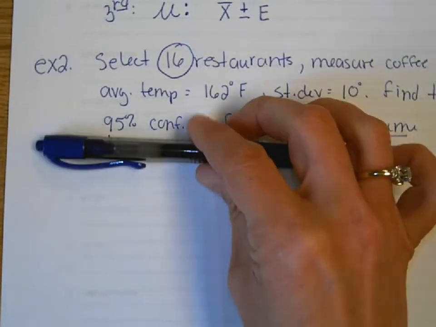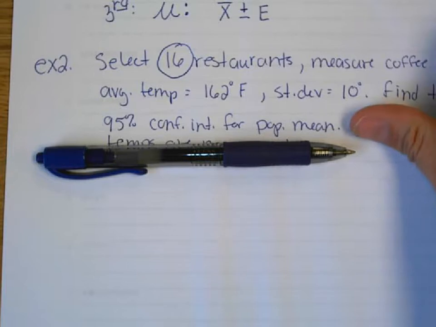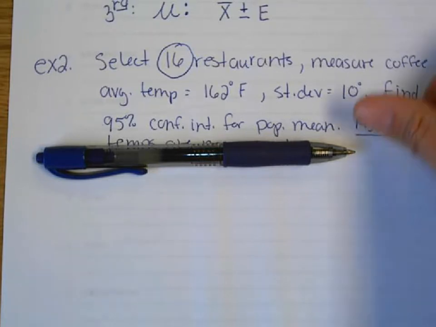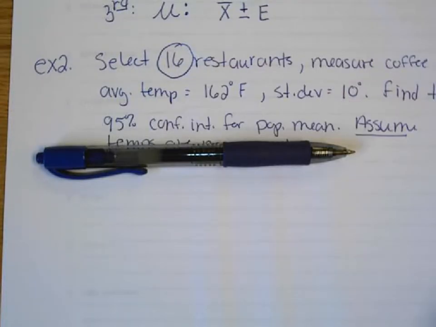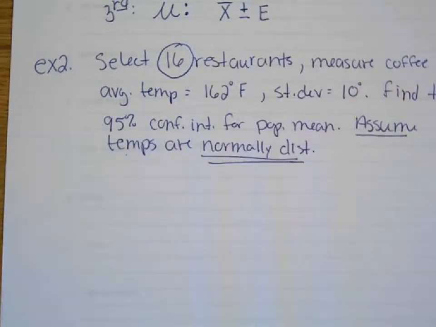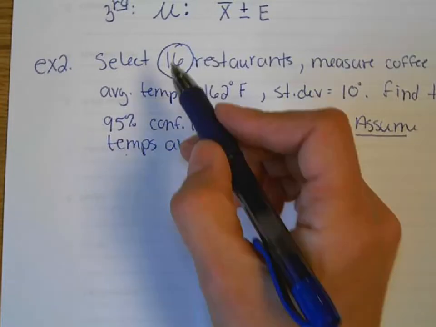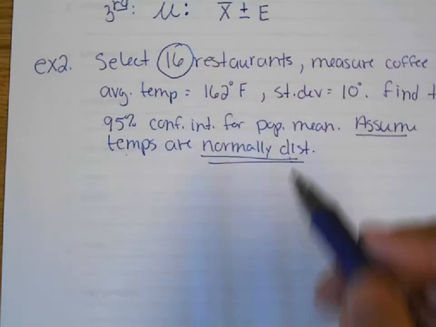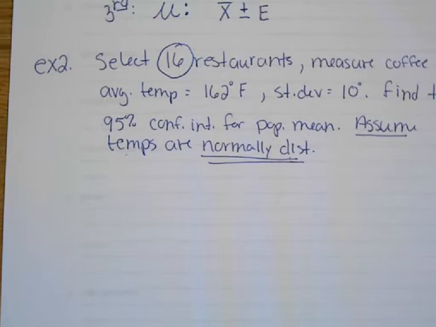If that sentence wasn't there, you would not be able to do the problem. Sample size is not big enough to do any statistic. So I am emphasizing it. There probably will be one, and if you go through and do the whole thing, minus 5 for you. So, small sample, I need to know that it's normally distributed. Now I can continue on.